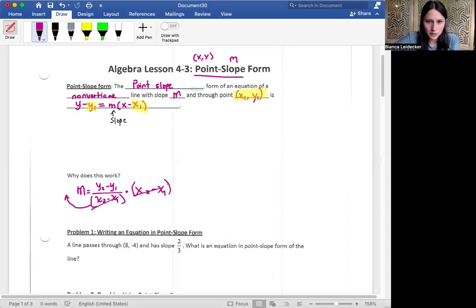So it would cancel over here, and then it would be over here, x2 minus x1. What we have now is x2 minus x1 times m equals y2 minus y1.